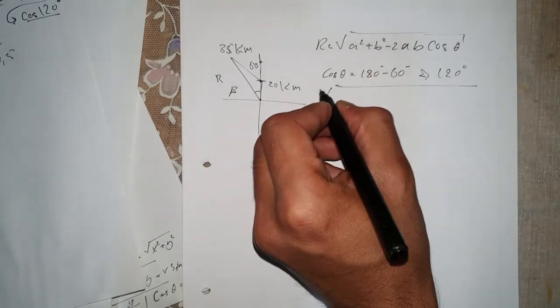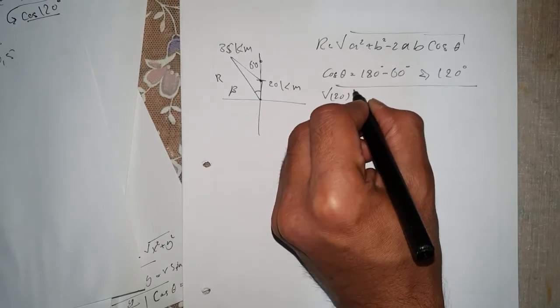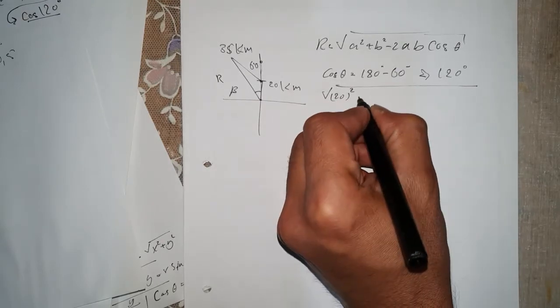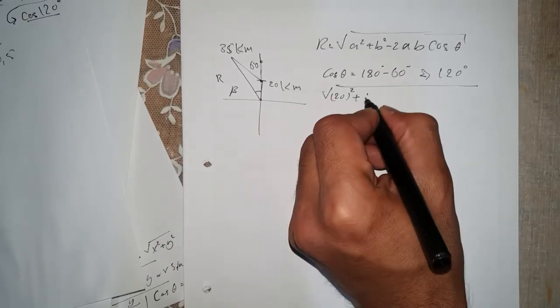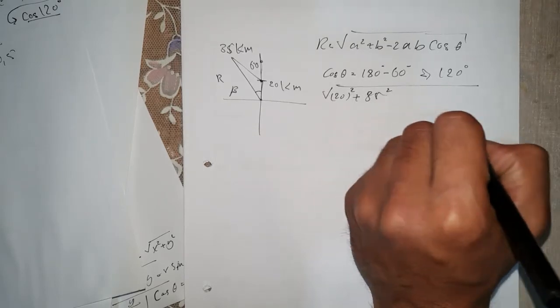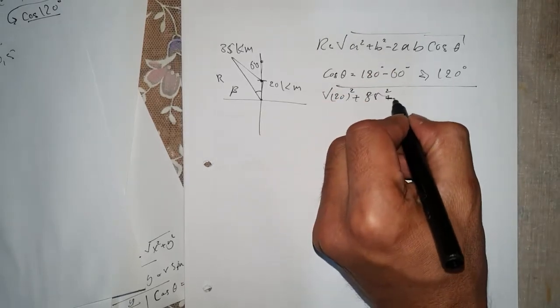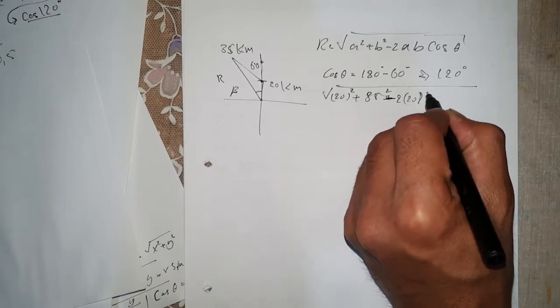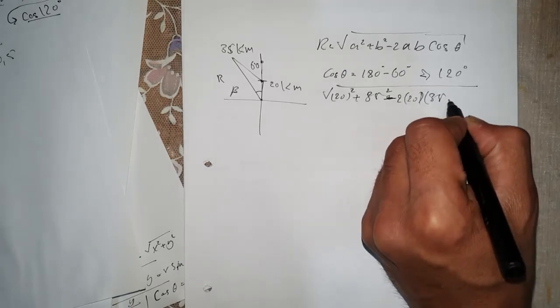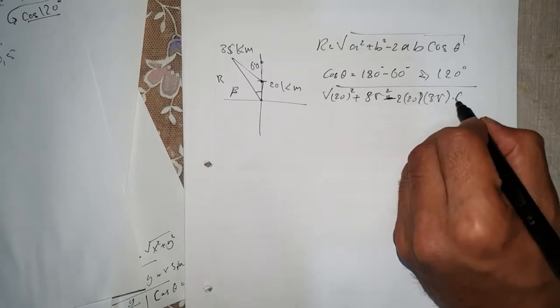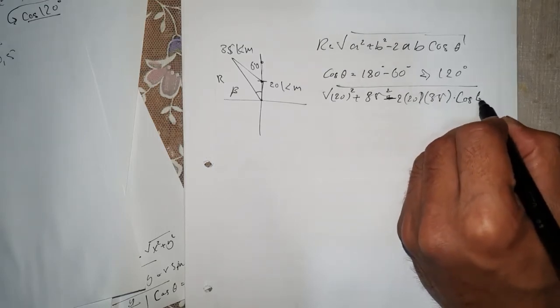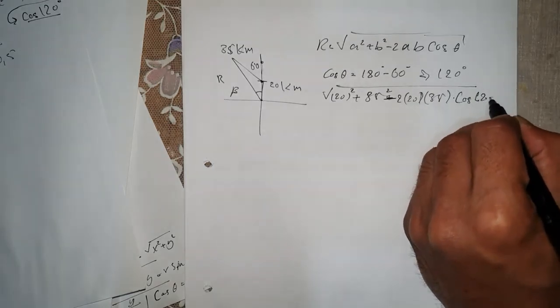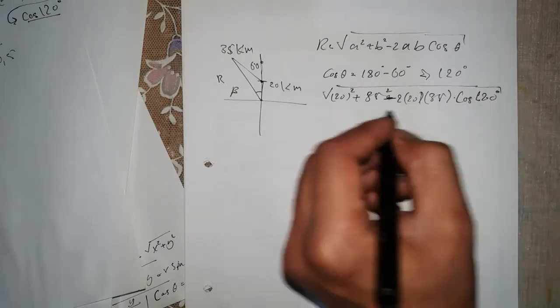From our formula, a squared is 20 squared plus 35 squared minus 2 times 20 times 35 times cosine of 120 degrees.